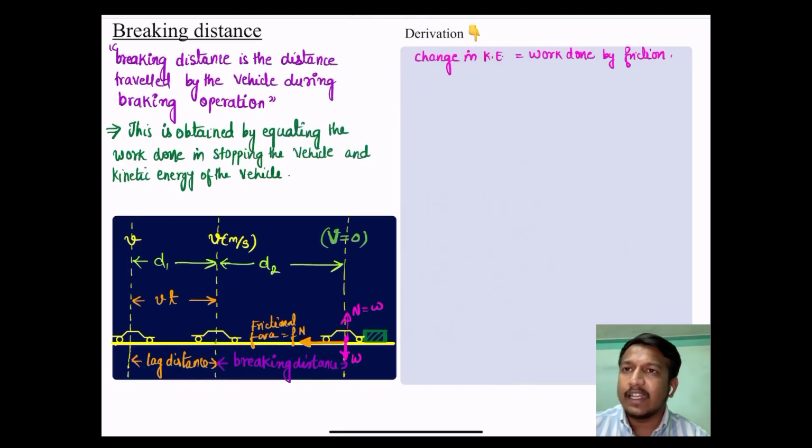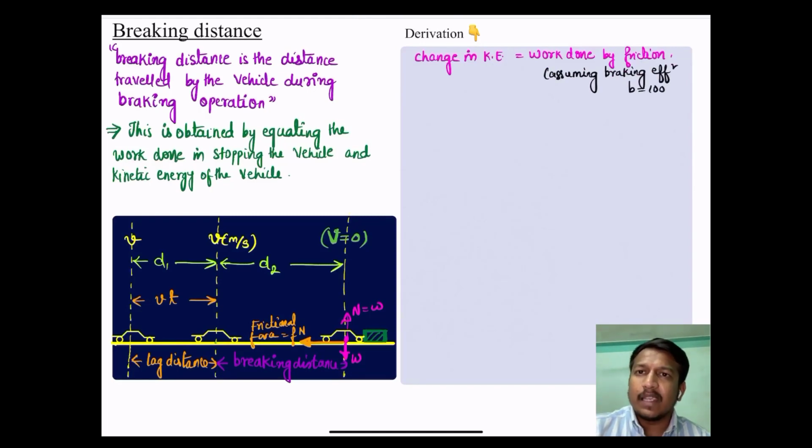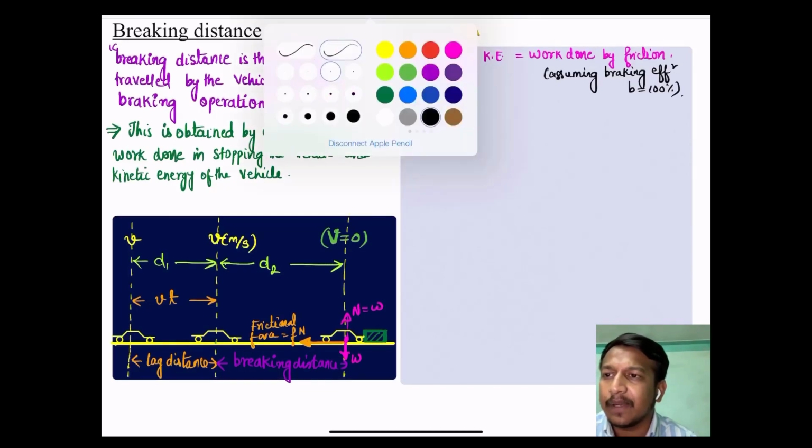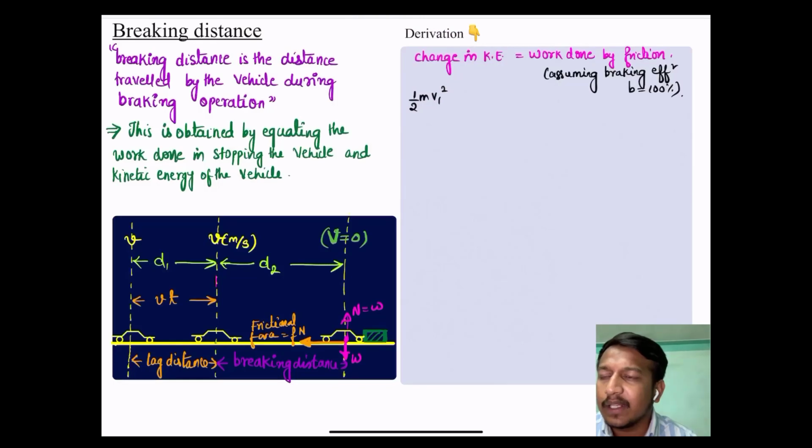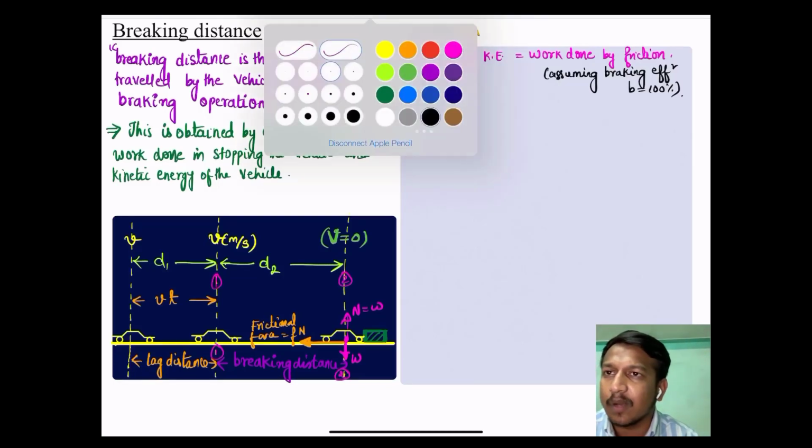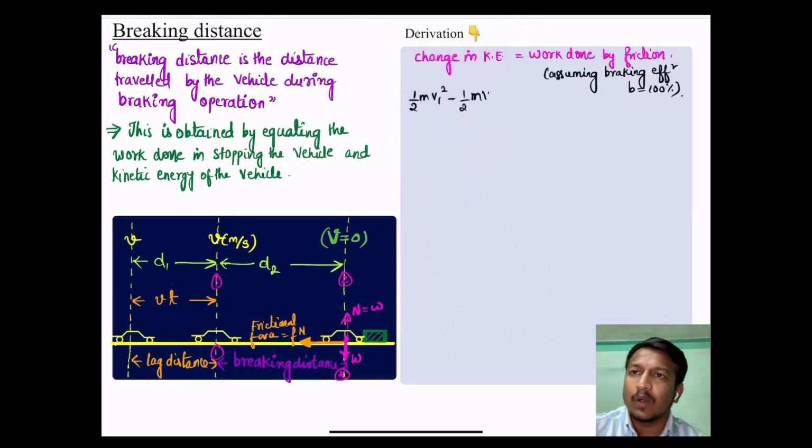Therefore, change in kinetic energy, I write as 1 by 2. Here I'm assuming the braking efficiency is 100%, so B is equal to 1. The change in kinetic energy is half m v1 square, where the brake is applied, which is section 1, minus half m v2 square, where the vehicle stops safely without collision, section 2, and this is equal to the work done by the friction.